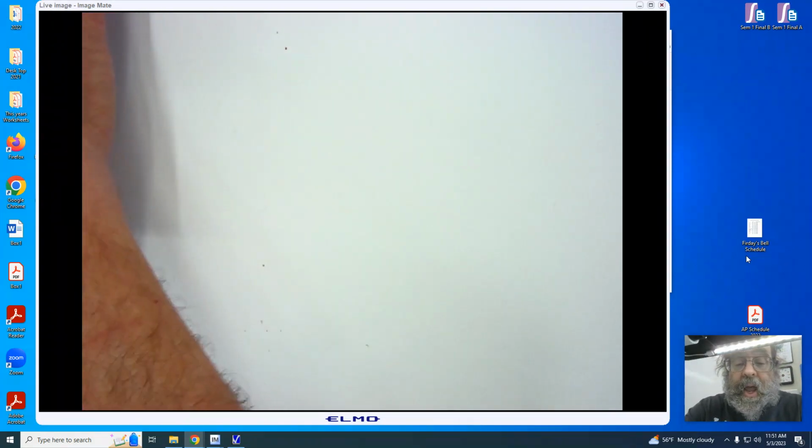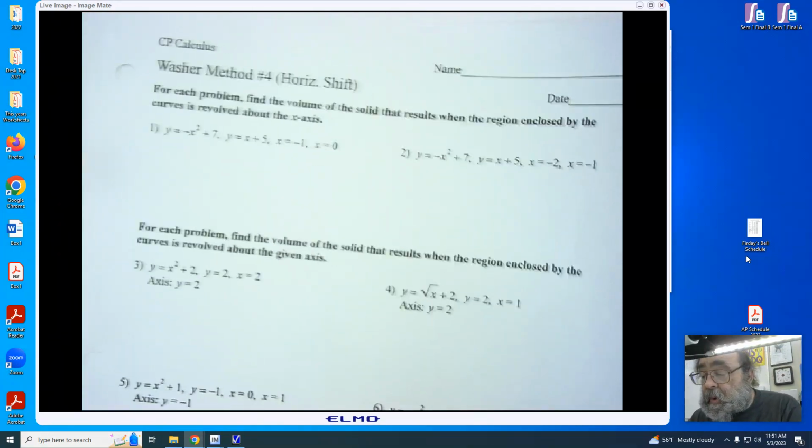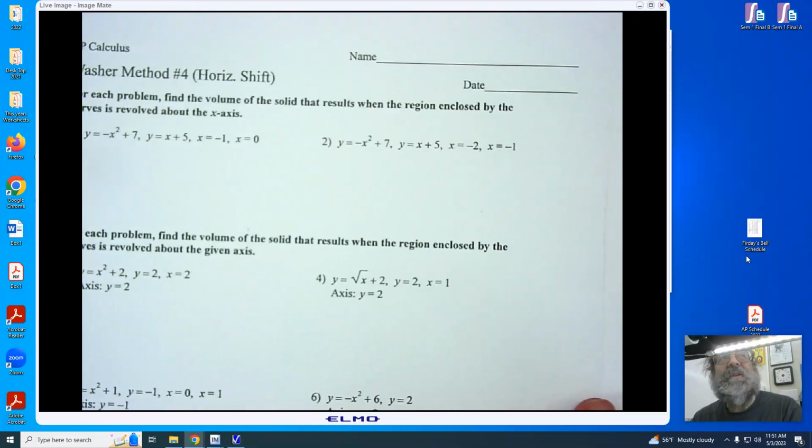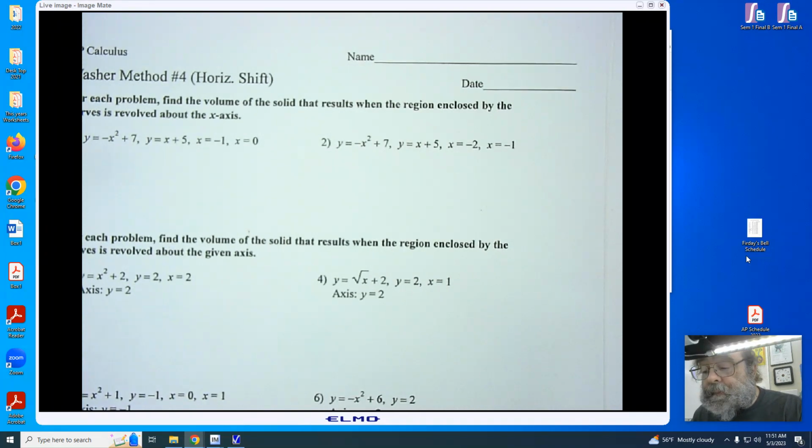Okay, we're now going to go to number 4, and we're going to use number 4 as our model to do these problems. Notice that it is already set up as a disk method. It is not a washer method as it is now. So we're going to draw it, see what it looks like, then move it around, and see those same relationships that we saw before.